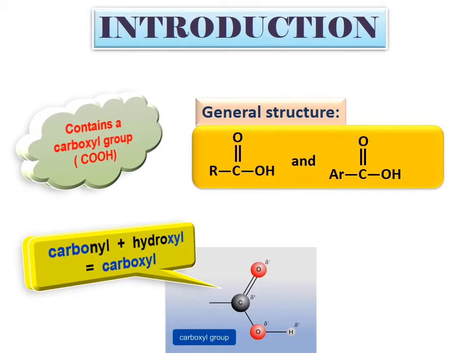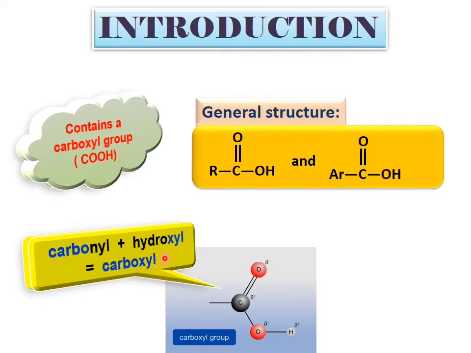Okay guys, so this is a little bit of introduction about carboxylic acid. As we know, carboxylic acid must contain a COOH group, which is referred to as the carboxyl group. Actually, COOH refers to C double bond O and OH, which is the combination between the carbonyl group and the hydroxyl group.